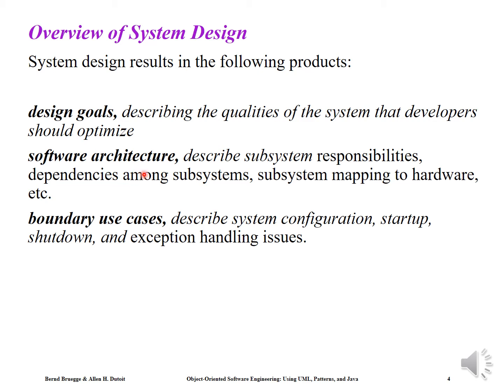Then software architecture, which basically describes the subsystem decomposition in terms of subsystem responsibilities and dependencies among subsystems, mapping to hardware, etc. Then boundary use cases, which describe the issues in startup, shutdown, and exception handling.